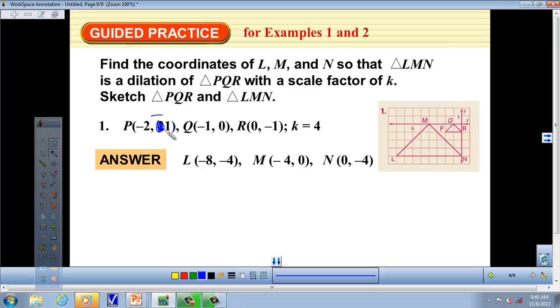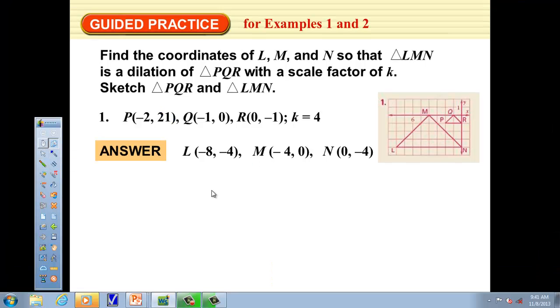So -2, -1, multiply -2 by 4, we get -8. -1 times 4 gives me -4. -1 times 4 gives me -4. 0 times 4 gives me 0. 0 times 4 gives me 0. 0 times -1 gives me -4. So the original one is right here. The new one is right here. Sorry about the typo there.